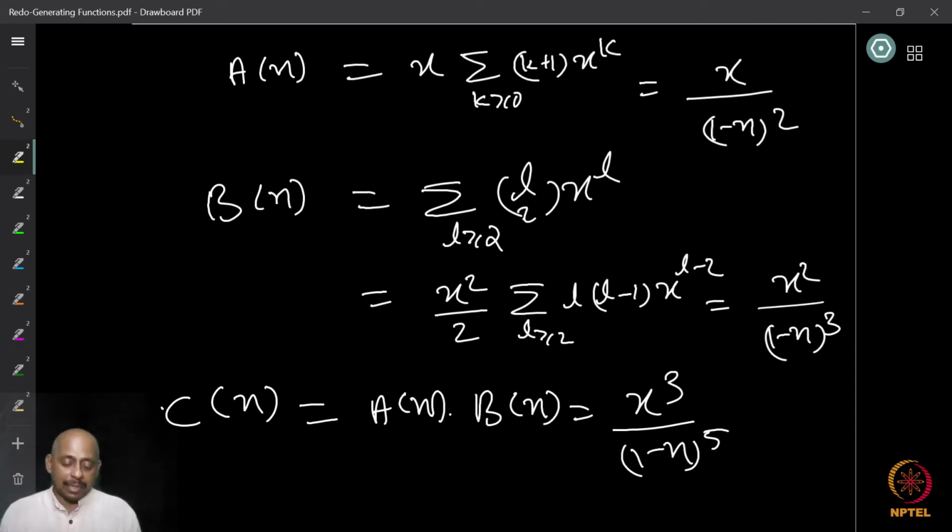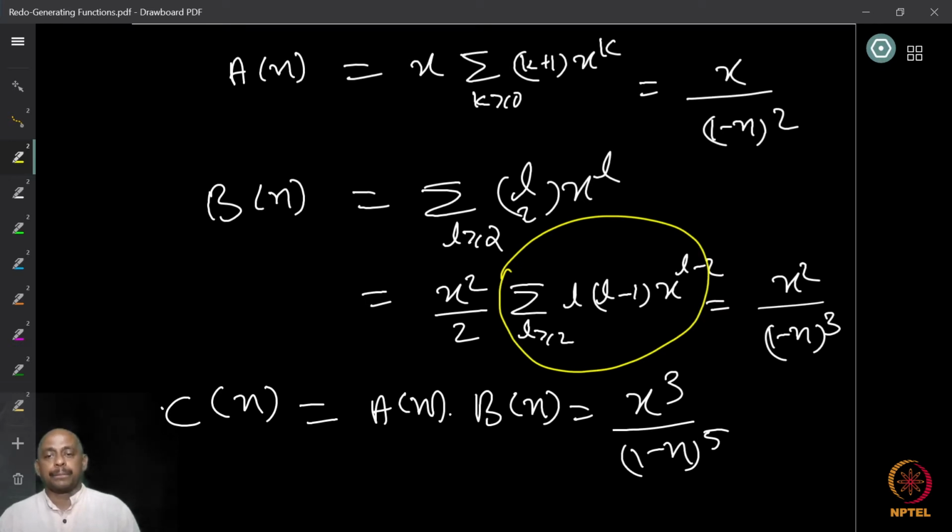But the second part, which is the part inside the summation, is precisely the second derivative of 1 by 1 minus x, which gives us 1 by 1 minus x whole cube.